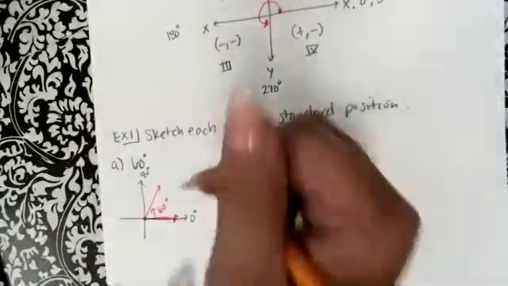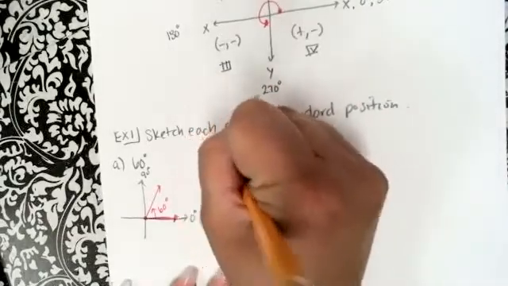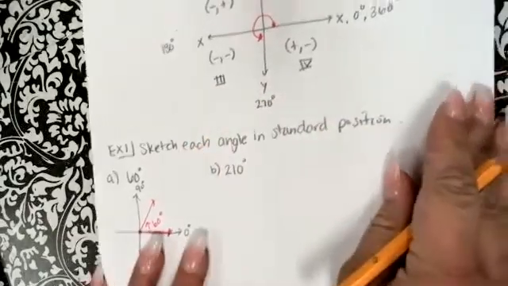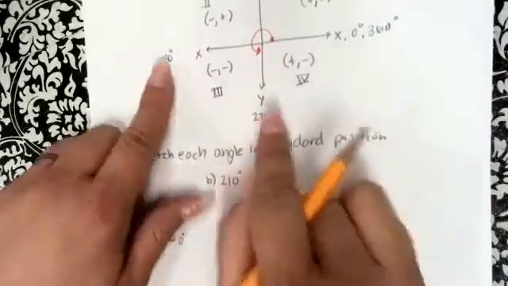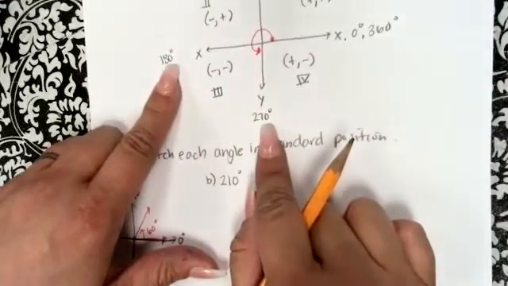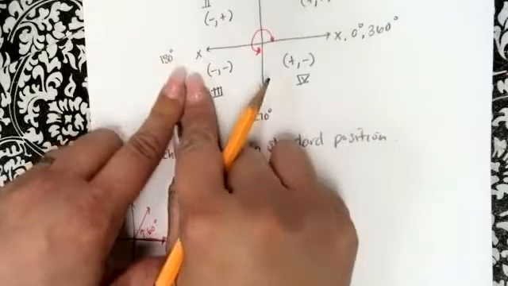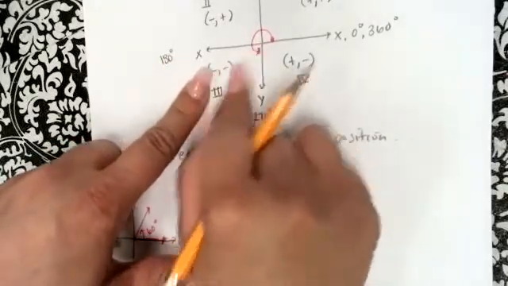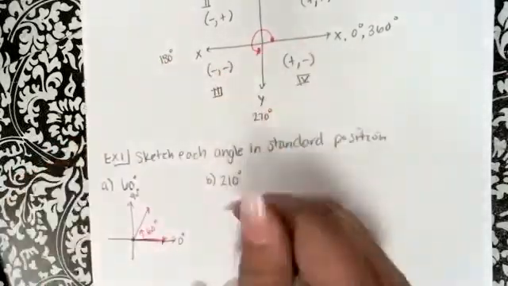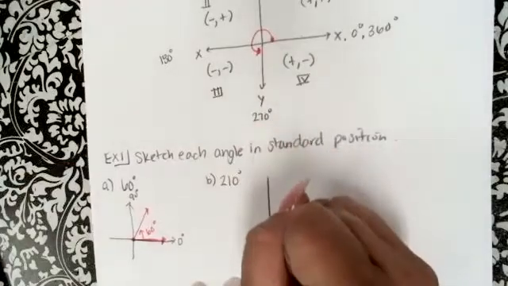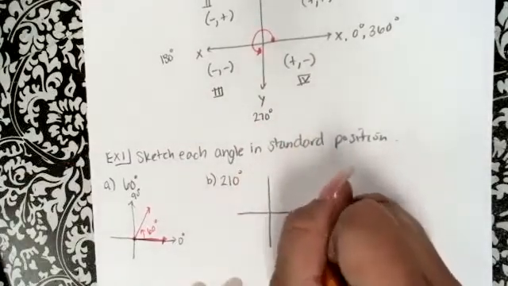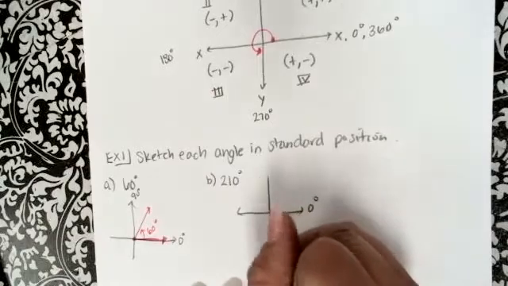Next, let's try 210. So 210 is between 180 and 270. But 210 is just 30 more than the 180. So you're going to go 1/3 of the way between here. So here's the 0 degrees.